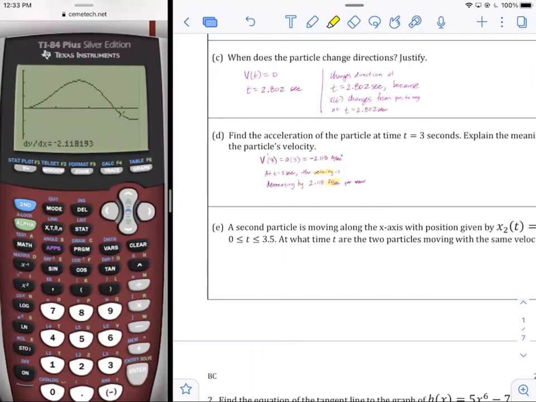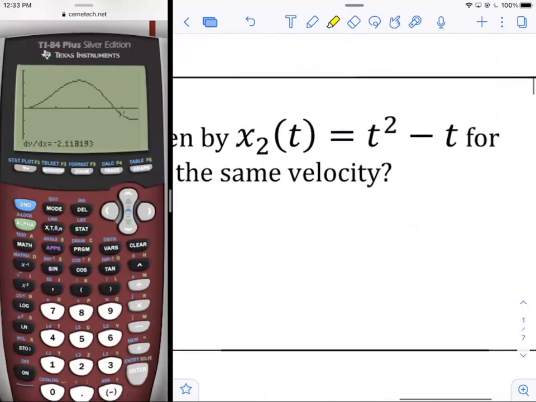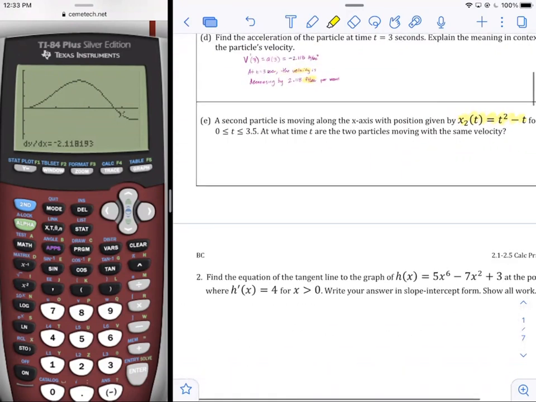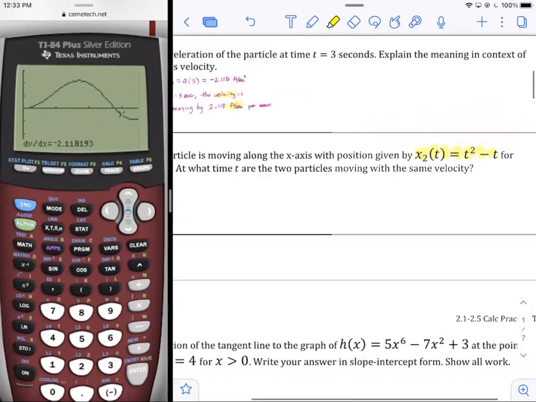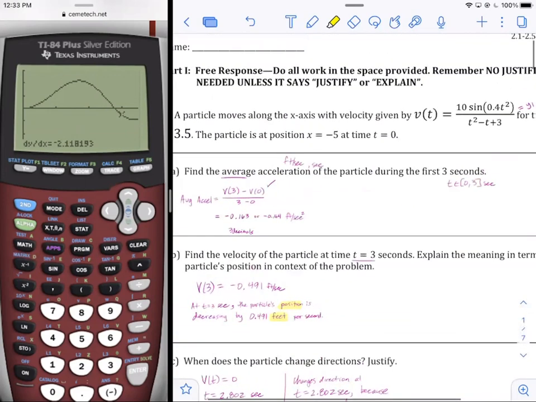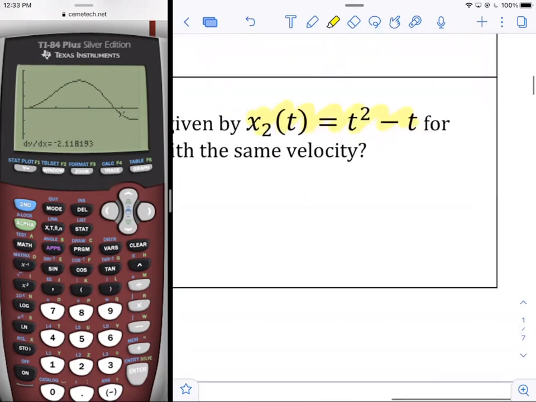All right. A second particle, also moving along the x-axis, whose position is given by this much easier looking equation from 0 to 3.5. At what value of t are the two particles moving with the same velocity? Well, I need to set their velocities equal to each other, right?